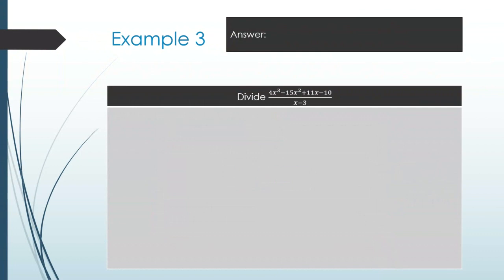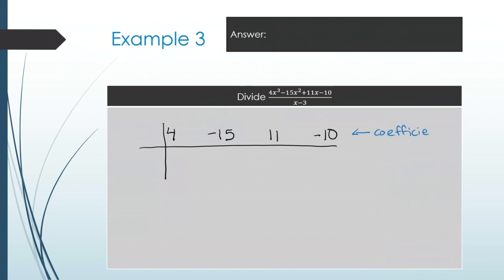So the whole way this works is you take the coefficients. You ignore the variables. You're looking at just the coefficients. So in the numerator, I have 4, negative 15, 11, and negative 10. So those are the coefficients of the numerator. Now, when we're dividing by x minus 3, you say, what number makes my denominator 0?